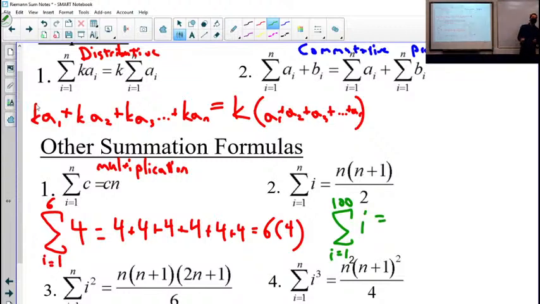So i is the index we're using to say that we have 100 different terms. And what is the term? Well, the number that we're adding is whatever term we're on. So we start with 1, and then our next number that we're adding is 2 because it's the second term. Next number we're adding is 3 because it's the third term.